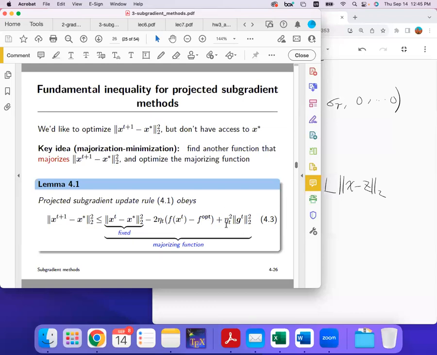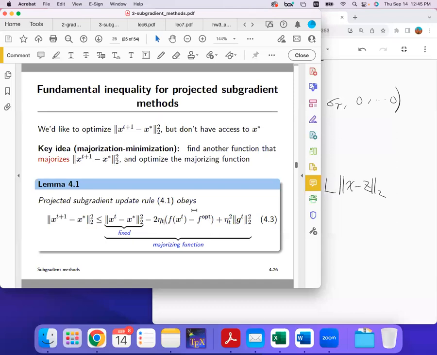So intuitively, if I choose a relatively small step size, then the quadratic term can be order-wise smaller compared to the first term. If I choose a very small eta t, this one will be much smaller than this one. And therefore, hopefully the first term dominates.